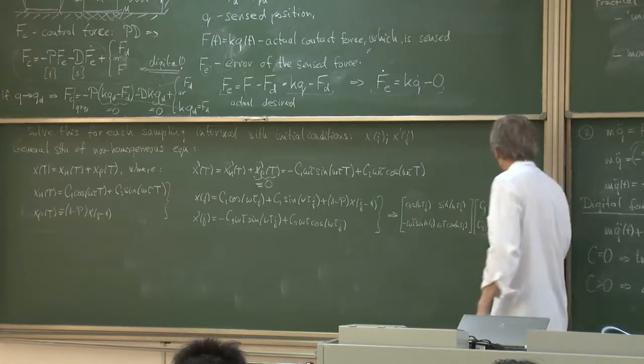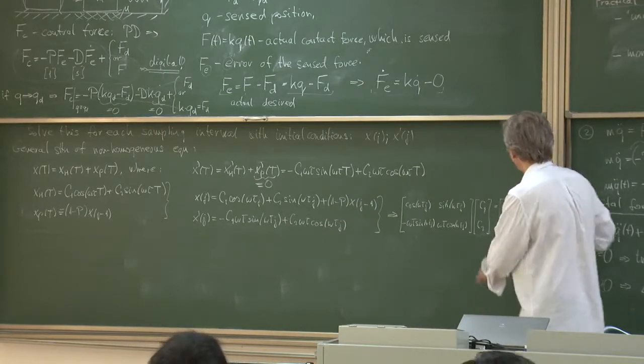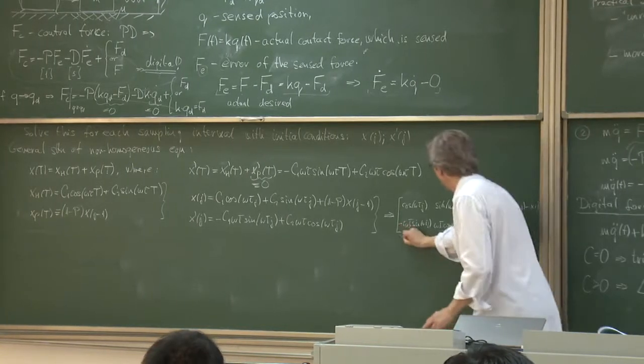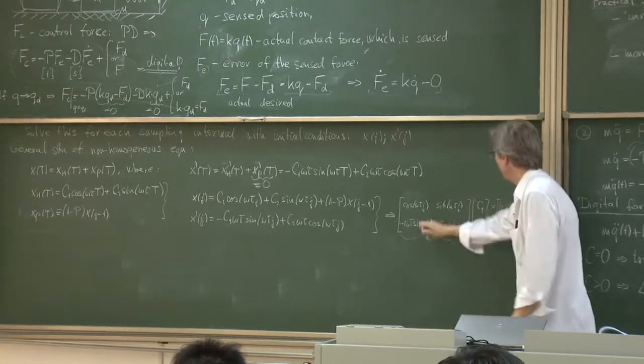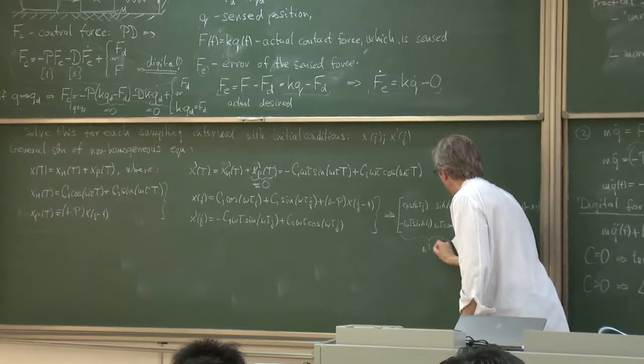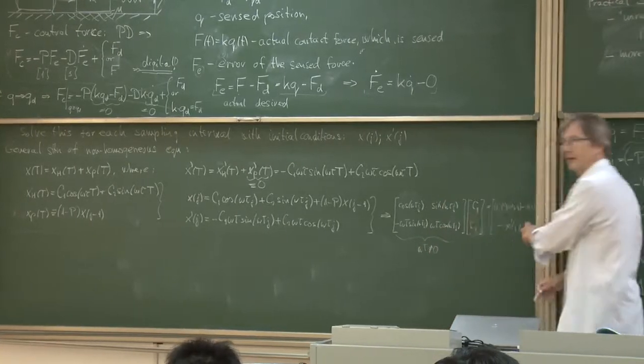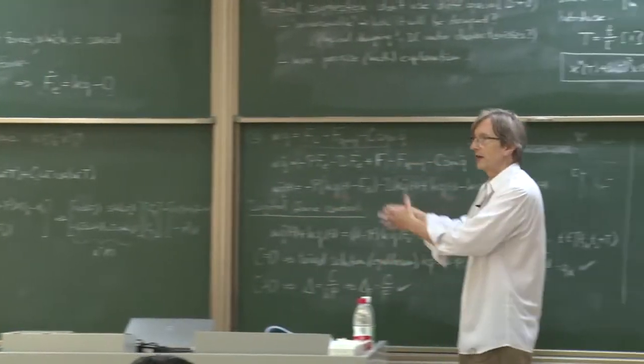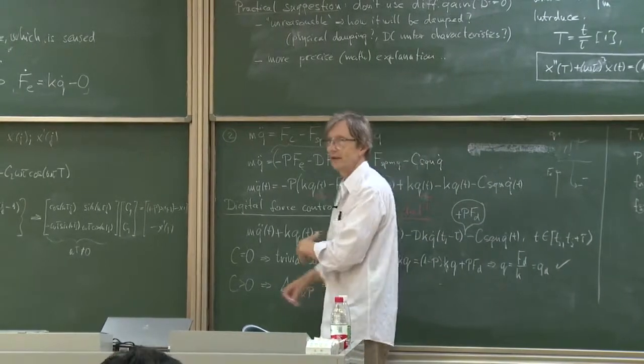And tomorrow I will put it down again to make it clear, okay? And since the determinant of this matrix is just omega times tau, which is non-zero, you can always solve it for C1 and C2. And we will have a nice solution for C1 and C2.